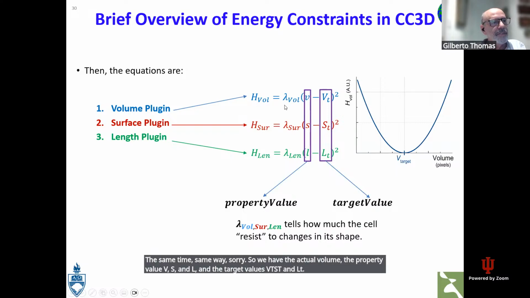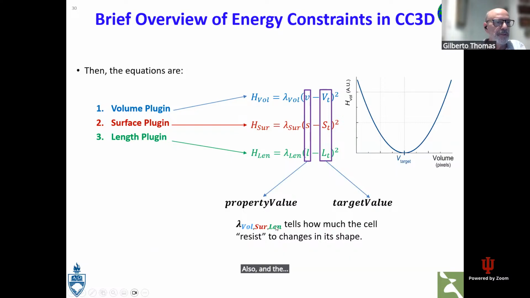Also, the parameter in front of each expression, the lambda constraint, tells how much the cell resists to change its shape. Because the bigger the lambda, the higher the contribution to the energy. So if the contribution to the energy is higher, we have less accepted values for the pixel copy attempts. Okay?